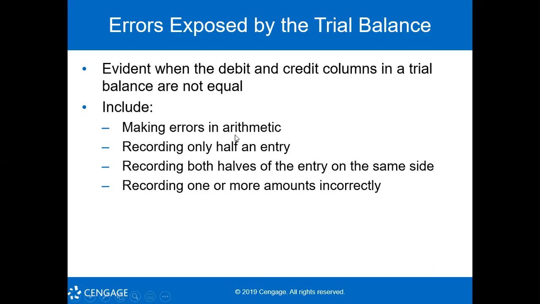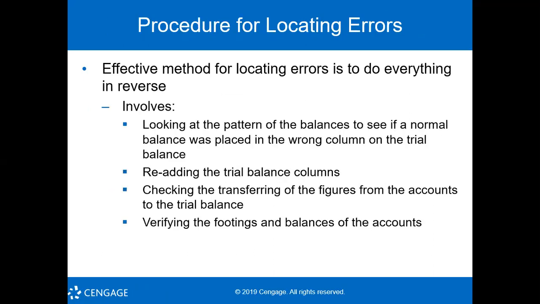So maybe not adding something together properly, or not subtracting something properly, recording only half of a journal entry, maybe recording both halves of the entry on the same side, aka the wrong side, or recording one or more of the amounts incorrectly. So, different errors that can be made.